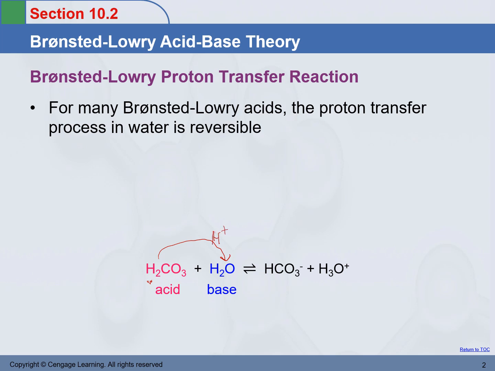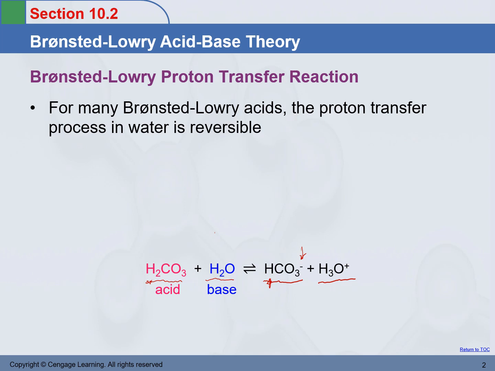Water accepted a proton, becomes hydronium ion. Carbonic acid loses a proton. Now only one hydrogen left. There were two before, only one left. And before it was neutral. After losing a positive ion, it carries a negative charge now. Well, by definition, carbonic acid is a proton donor, is an acid. Water accepts proton, is a base.